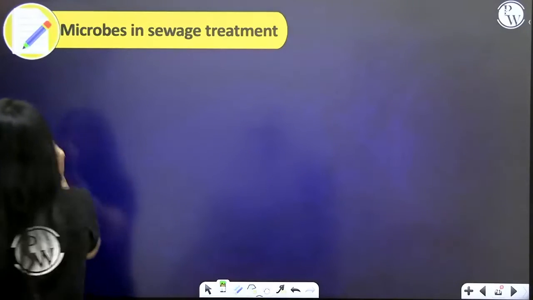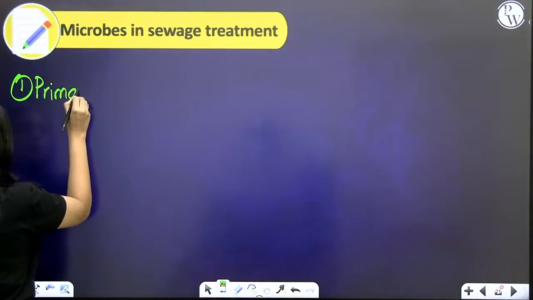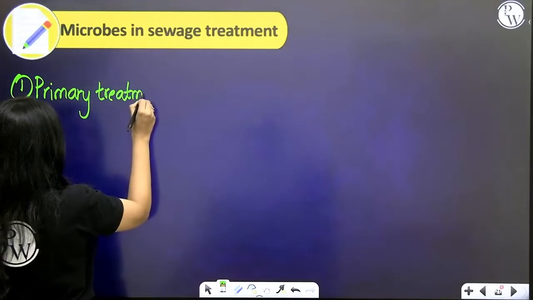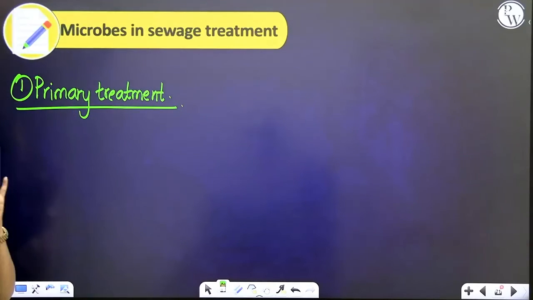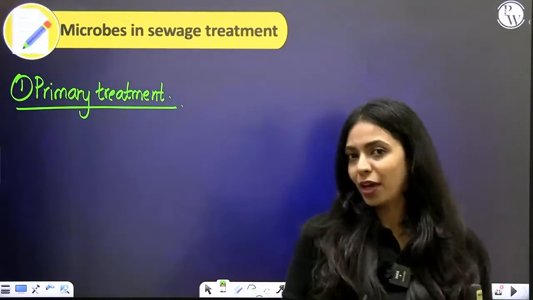The first stage is called primary treatment. What happens during primary treatment? During primary treatment, there are no microbes involved. Okay? It's during the secondary treatment that microbes are involved.